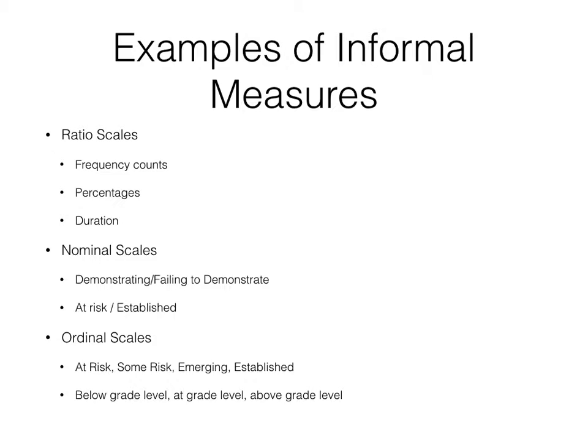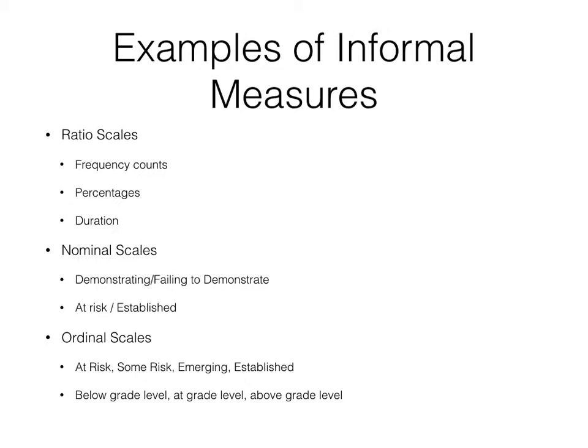Some examples of informal measures that would fall under the nominal scale would be to classify or categorize skills that the child is demonstrating versus skills that they're not yet demonstrating, areas where they're at risk or they're established in their mastery of a concept.